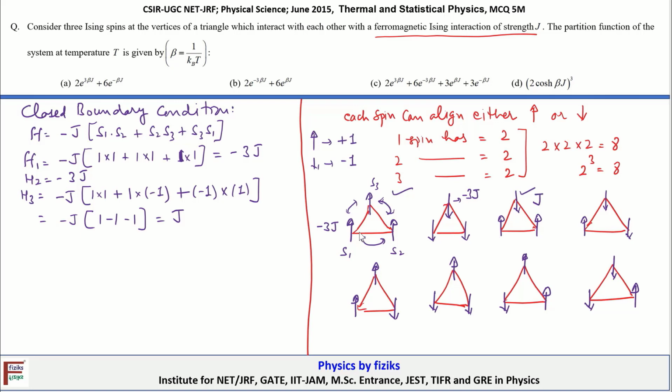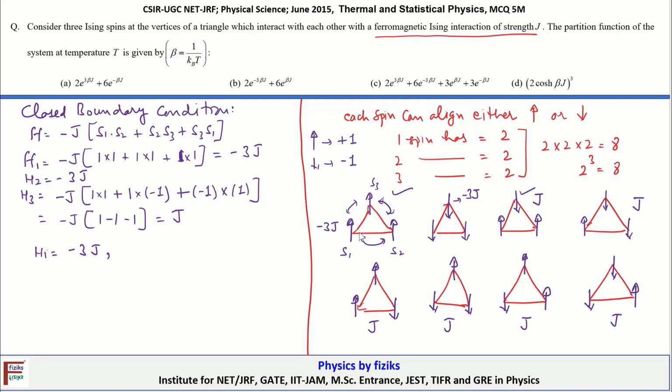Similarly, we can evaluate the interaction energy for the other configurations, and you will notice that all the rest of the configurations have an interaction energy of J each. So among the 8 existing microstates, 2 microstates have the energy Hi equal to minus 3J.